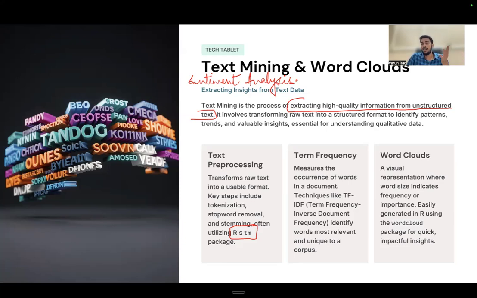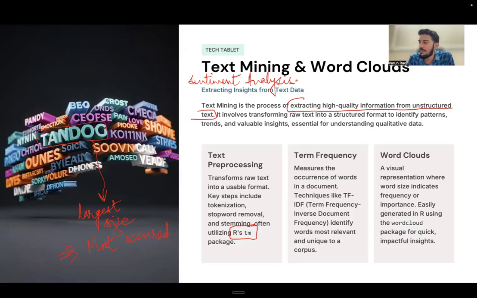Now, then you have word clouds. Word cloud is a visual representation. So here you can see that this word, tan dog, has the largest size of text, which means this is the most occurred word. Now, why is it like this?